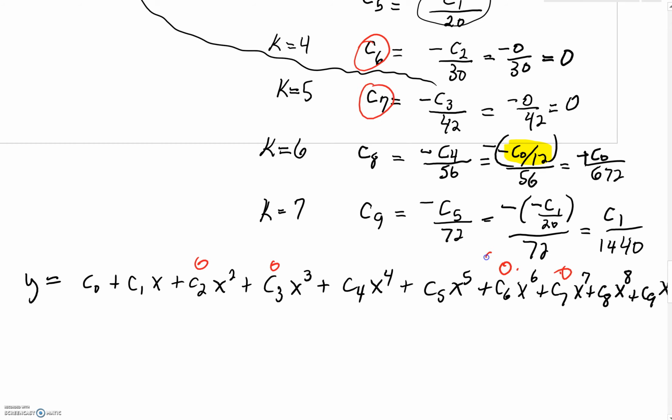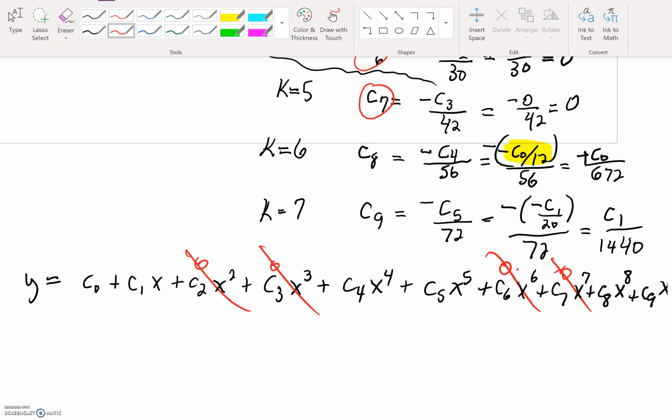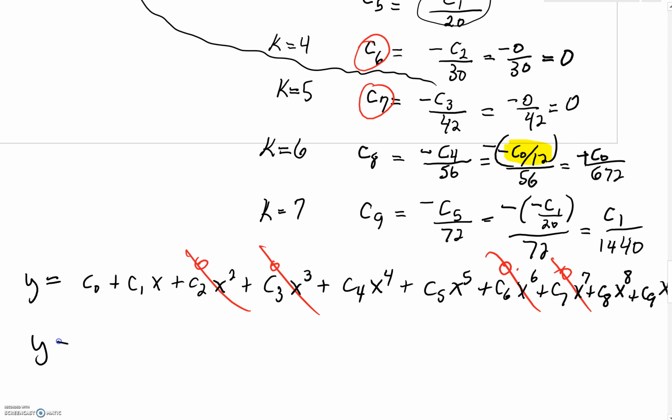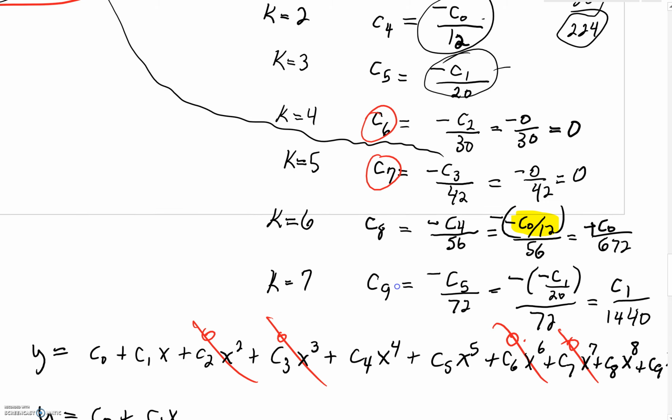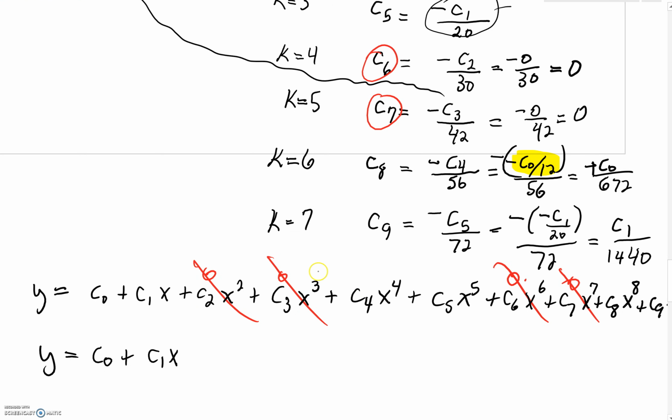So we're actually losing a number of these terms, and we're losing them pretty quickly. So things are going to clean up pretty fast. So I've got C sub 0 plus C sub 1 x. C sub 4, well, you can see at the top of the screen here, negative C naught over 12. So that's where we've got a negative C naught over 12 x to the 4th.